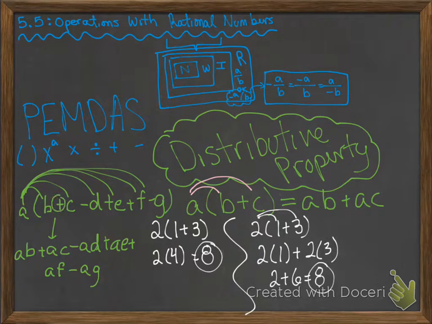So notice I keep all of these other order of operations symbols in my equation. I'm just distributing the a. I'm not changing the relationship, I'm just changing the order I would do it in. I'm distributing first versus solving everything in the parentheses and then solving.